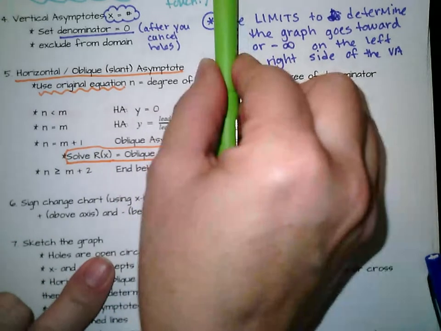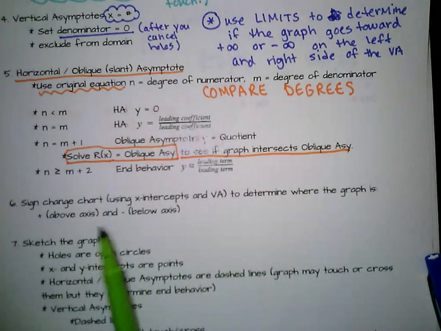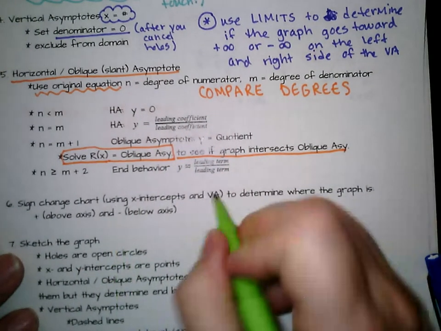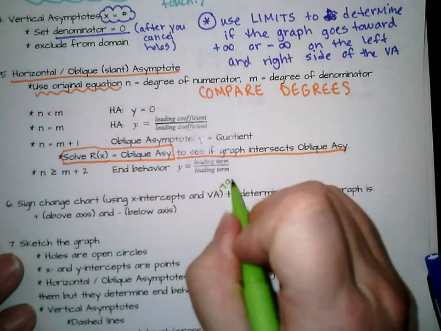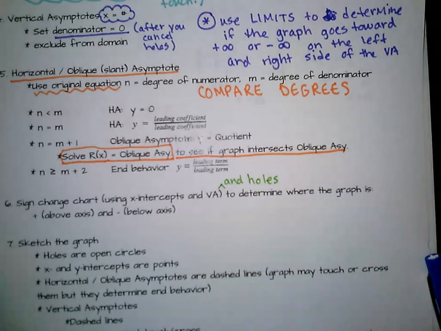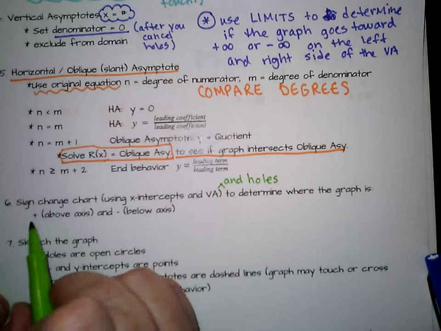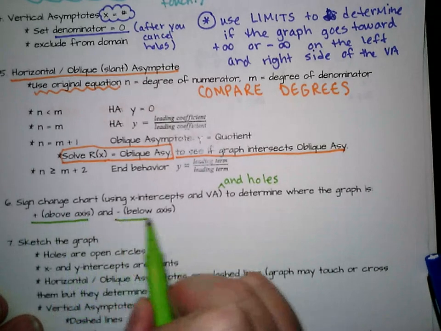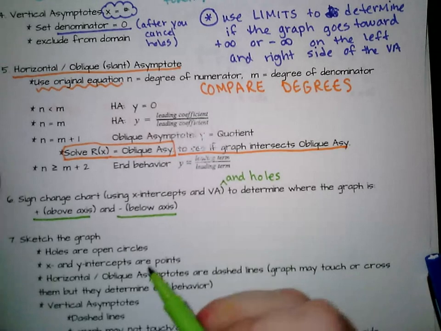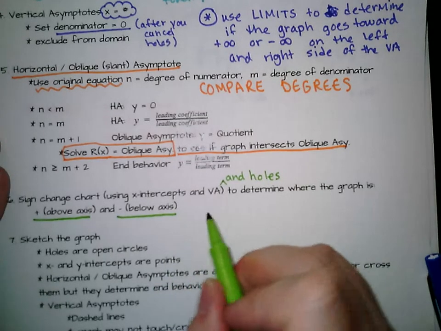So we need to check crossing spots using x-intercepts, vertical asymptotes, and holes to determine where the graph is positive, which would be above the axis, and negative, which would be below the axis. We're going to do that by setting up a test chart.